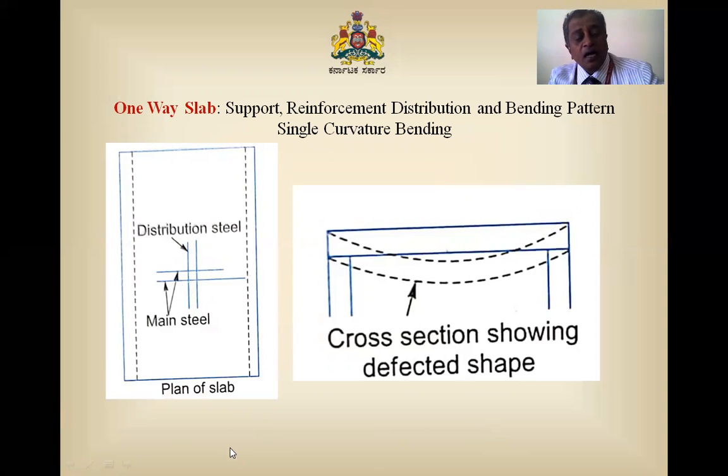The other direction has the distribution steel, which is the empirical steel provided for all other secondary stresses, temperature stresses, cracks, temperature and creep, all of which are taken care of by this distribution steel.